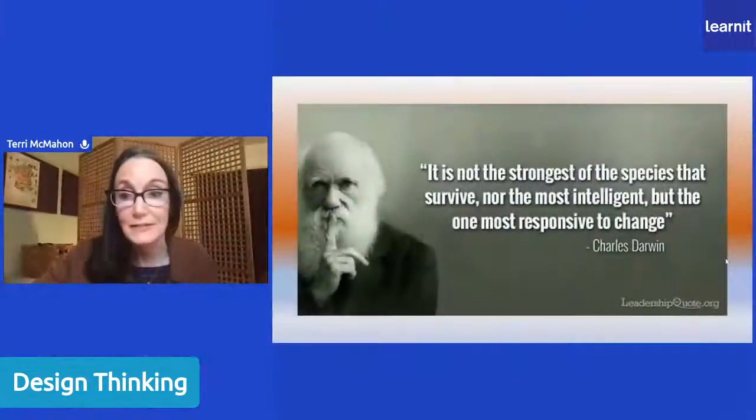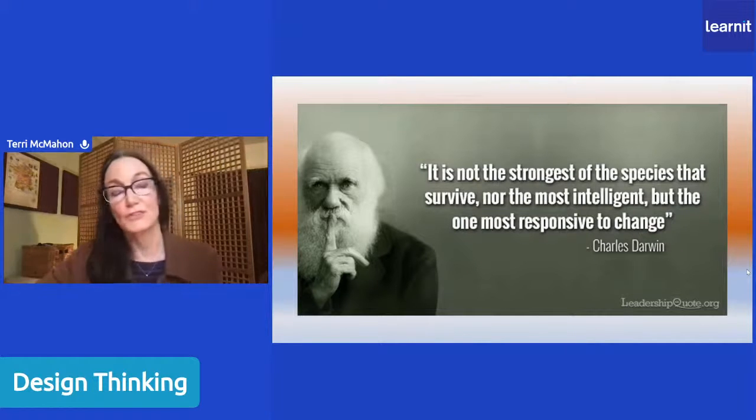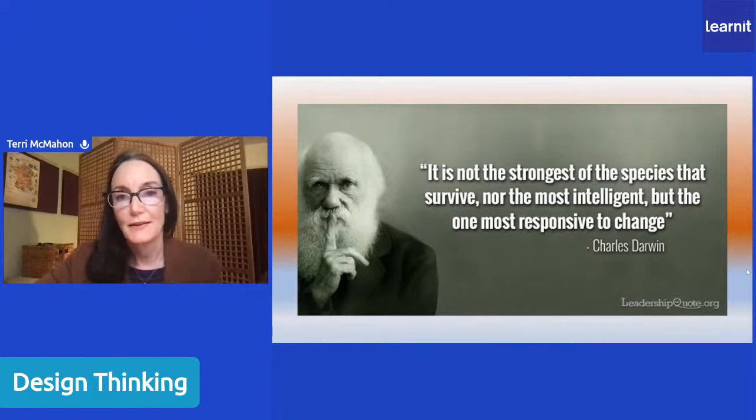It's survival of the most adaptable. And so we've had to adapt. And within that adaptation spawned by COVID, we have had to be more innovative. So if you can think about Charles Darwin, think about not just survival of the fittest, but how can I be flexible? How can I be adaptive? And I think that's where design thinking takes us also.